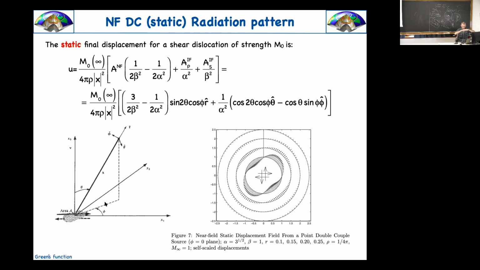The dip was 0, the slip was along x direction, and we discussed the representation theorem. And in the representation theorem, we found that we can replace it with a double couple in the far source condition.